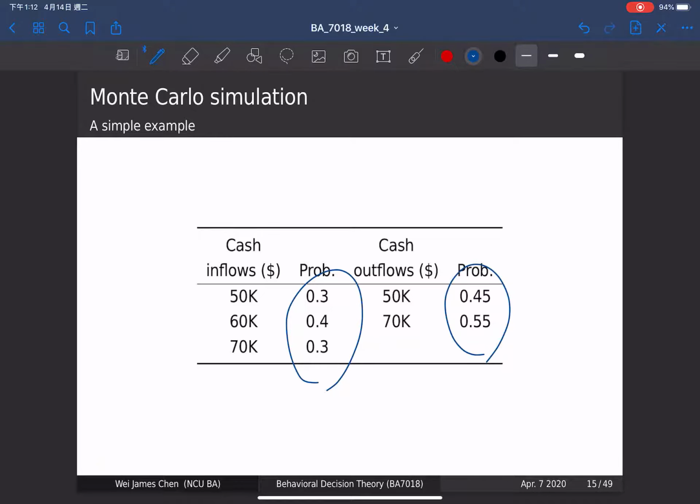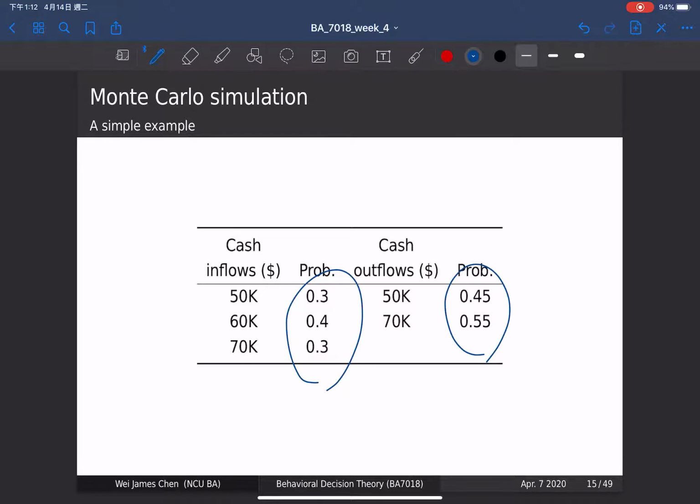For example, there's a 0.3 chance your cash inflow is 50K, and there's a 0.45 chance your cash outflow will be 50K as well. If you assume independence, it's going to be 0.3 times 0.45, that much chance that you will get a net cash flow of 0, right?